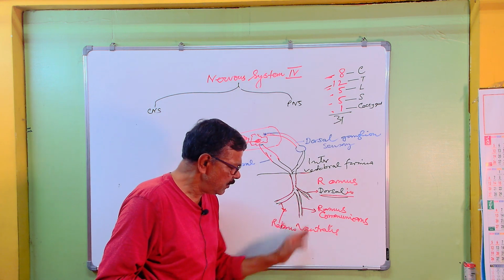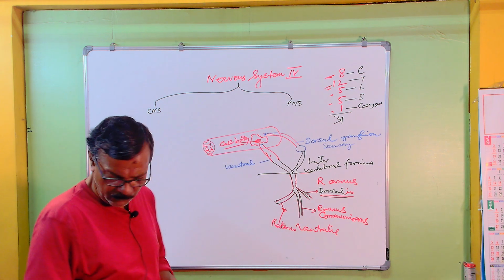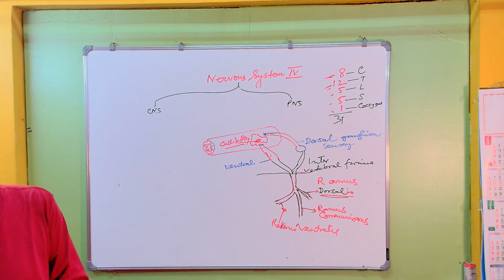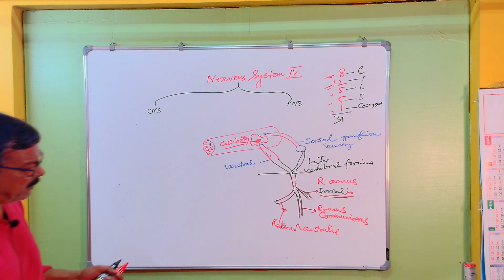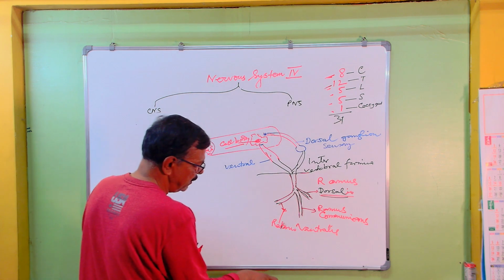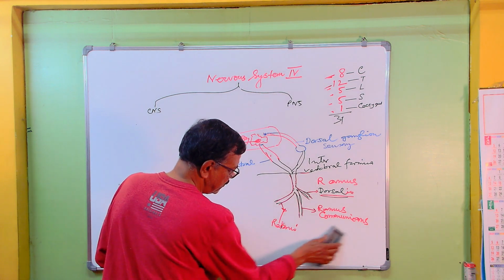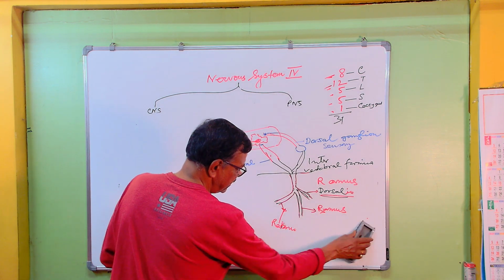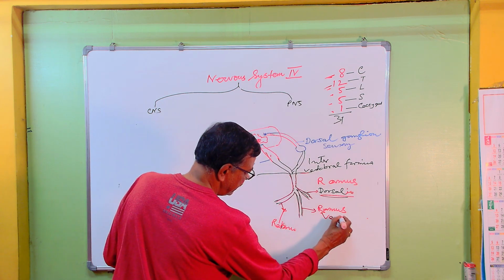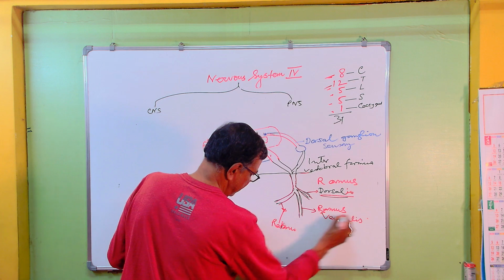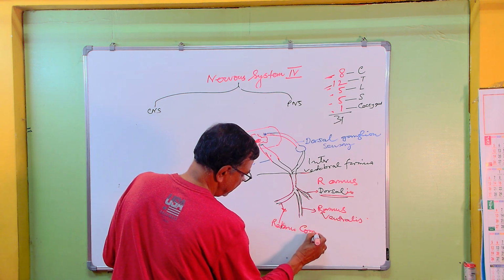The ramus communicans connects with the ANS.